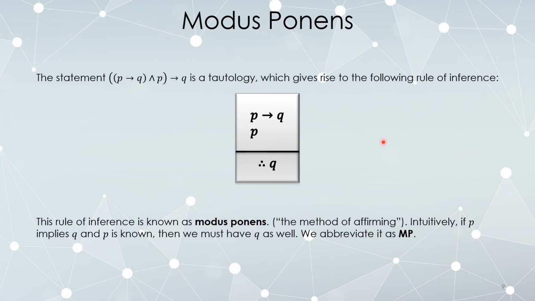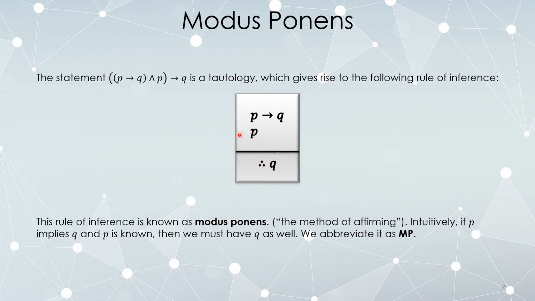Now, if a conditional statement is true, one way that can happen is for the hypothesis to be false. But we are asserting that P is known to be true. So if P is true and the conditional statement is true, based off the truth table of how conditional statements look, the only way for P implies Q to be true and P is true is if Q is also true. If P implies Q and you have P, you must also have Q.